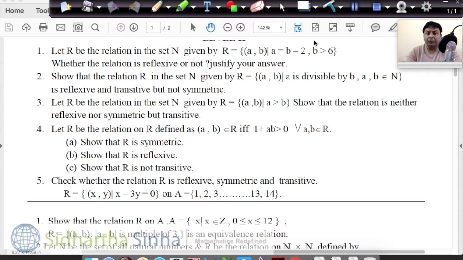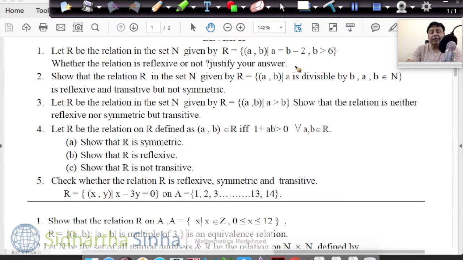Alright. So let's see some questions. Let R be a relation in a set N given by A comma B such that A equals B minus 2 and B is greater than 6. Whether the relation is reflexive or not, justify your answer.